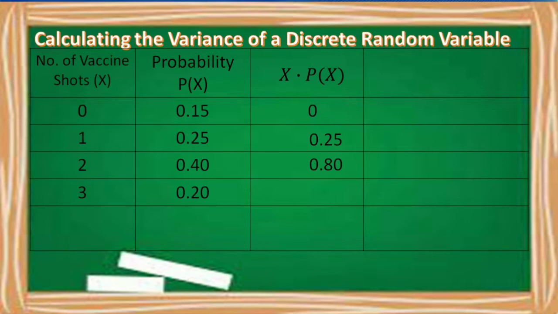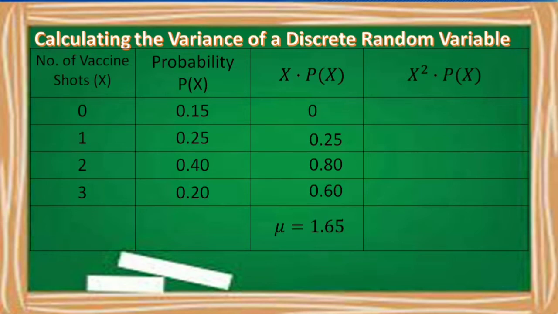And 3 times 0.20 is 0.60. Then add all the products. We have the mean, which is equal to 1.65.